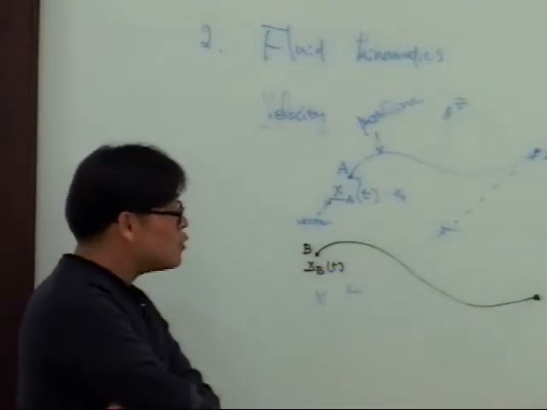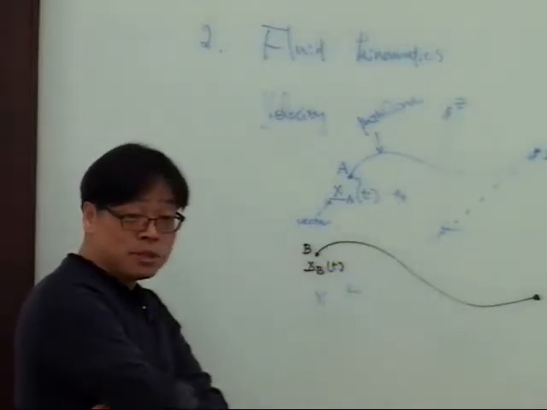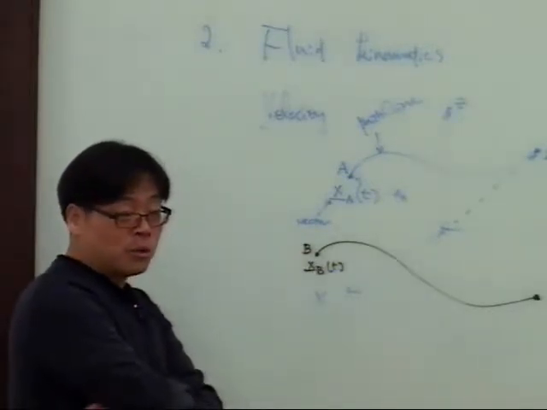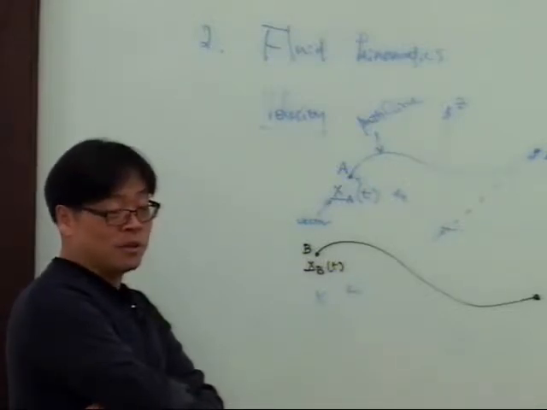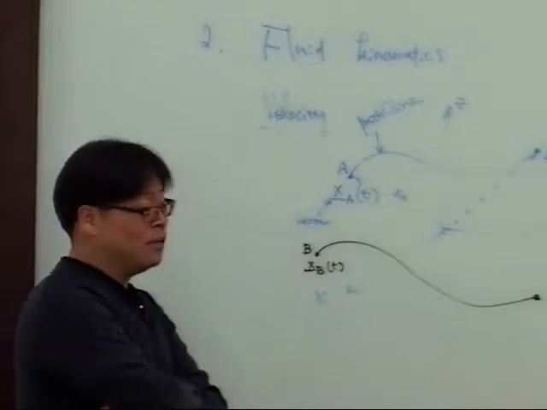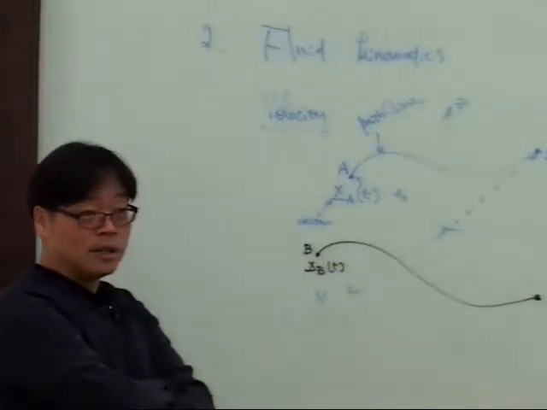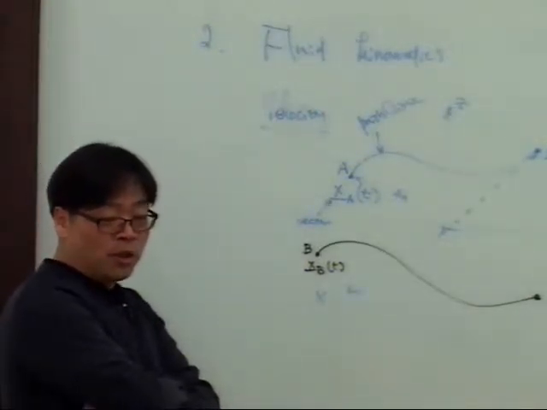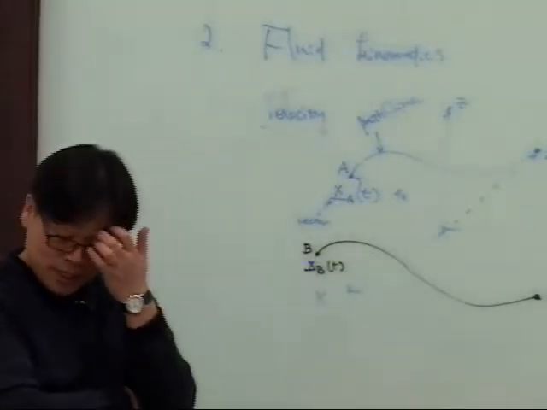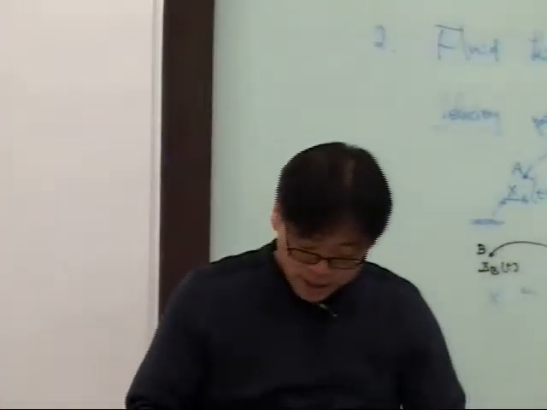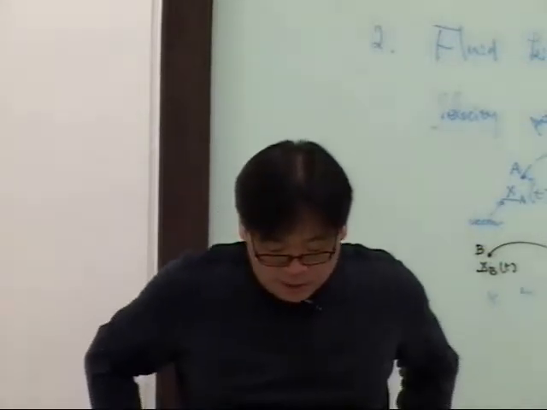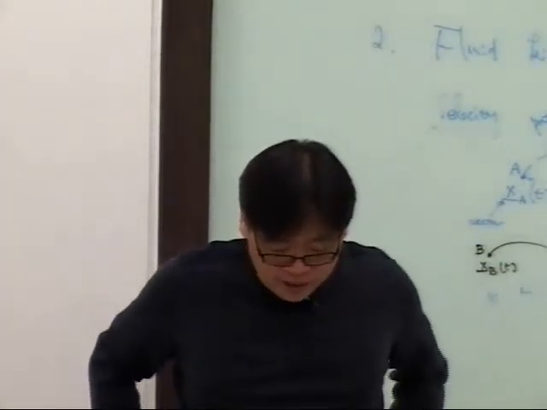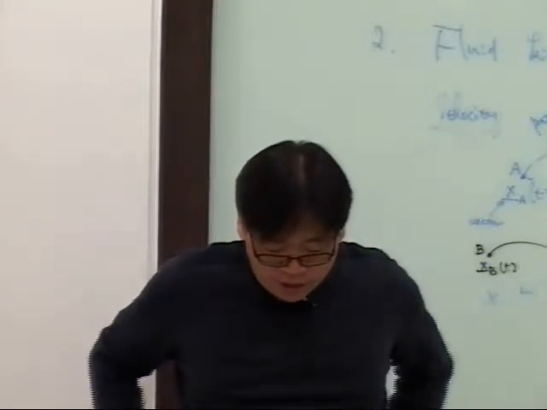So it's very natural to use the Lagrangian description, because that's what we are interested in. But it's really difficult, or almost impossible, to follow all the fluid particles. So although the Lagrangian description is natural, in practice we will use the Eulerian description.